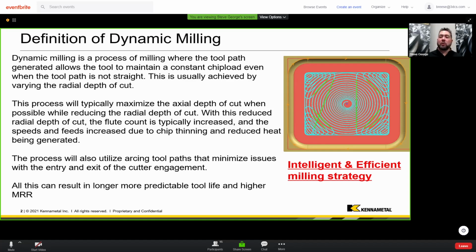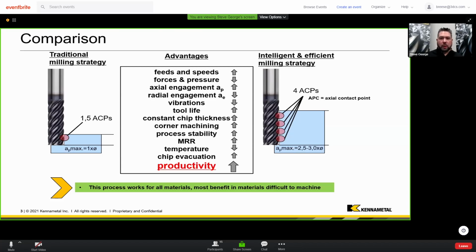But I will use some of our tools to demonstrate different things that we have developed to target different types of cuts, and also how you might choose to use them. So let's get into a little bit more comparison of some higher level things, and then we'll go into more detail.